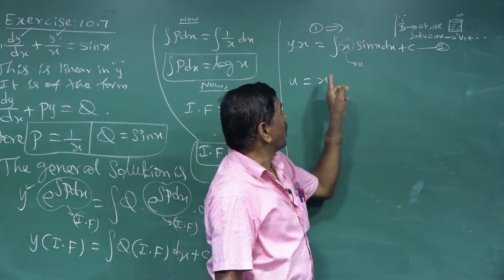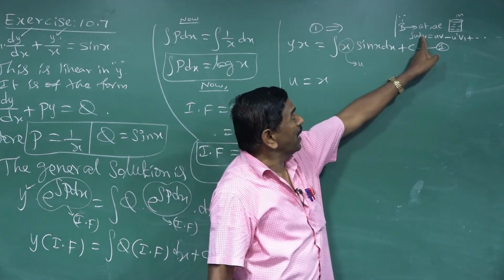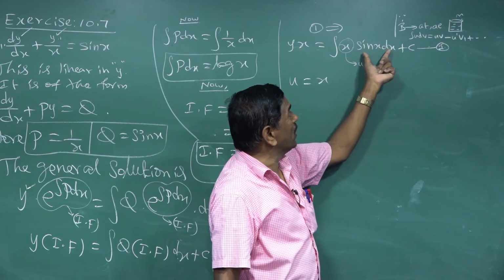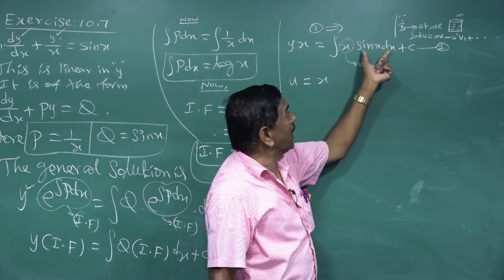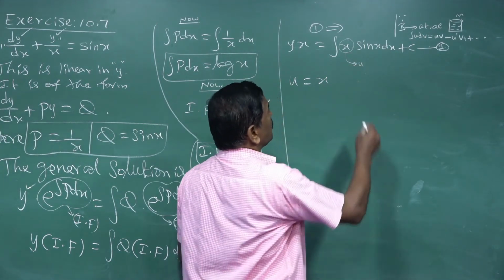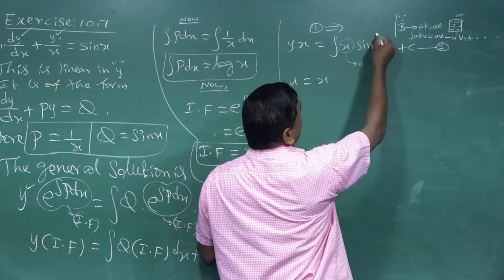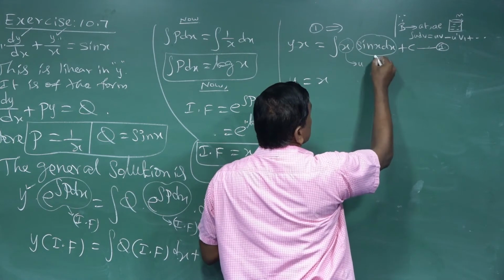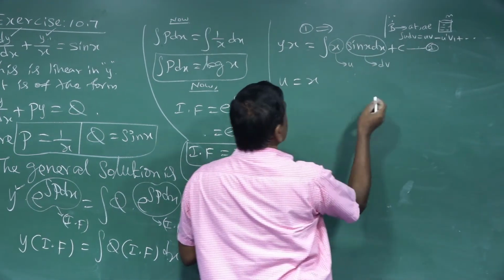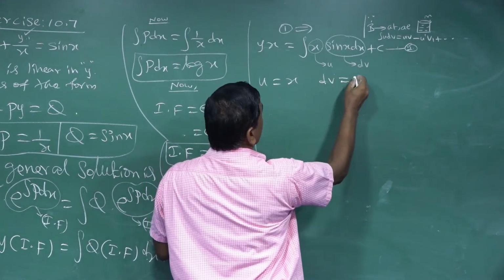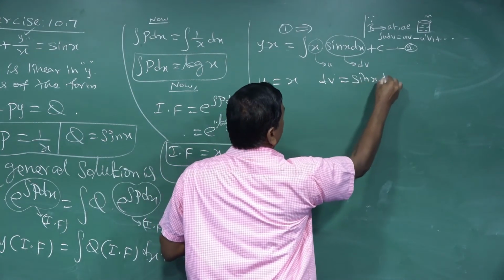That's the technique. Let u equal x, and the remaining dv equals the remaining part, sin x into dx. That is, algebraic x is u, and the remaining sin x into dx is dv. So dv is equal to sin x into dx.